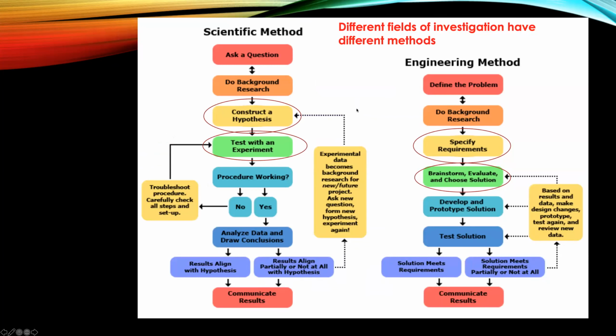Now, different fields of investigation have different methods. There's the scientific method, there's an engineering method, mathematicians have a method, there are methods in law. So if we just compare scientific method with engineering method, there's a lot of commonality. Science asks a question, engineers define a problem.